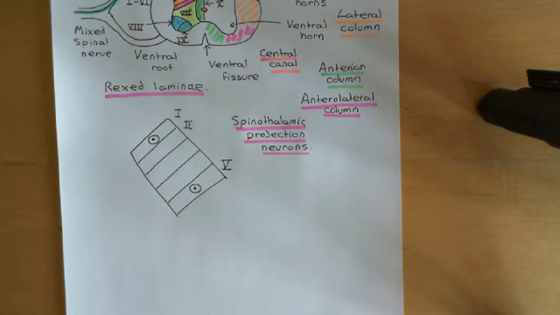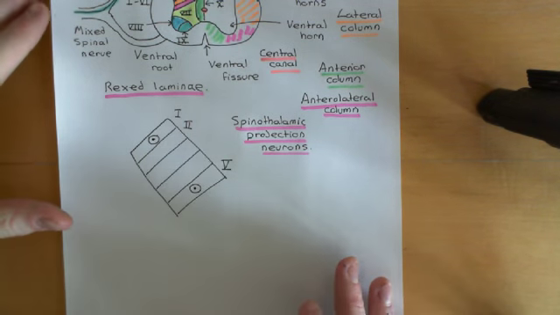Okay, so we now want to look at how the primary nociceptive afferents are actually going to synapse onto these spinothalamic projection neurons that have their cell bodies in Rexed lamina number 1 and Rexed lamina number 5. This is where it differs depending on whether you are an A delta fiber primary nociceptive afferent or a C fiber primary nociceptive afferent.